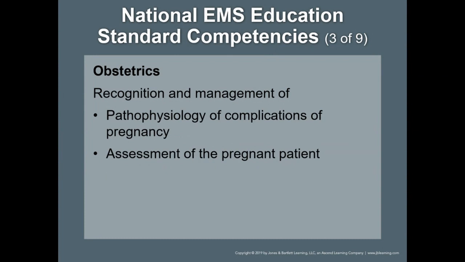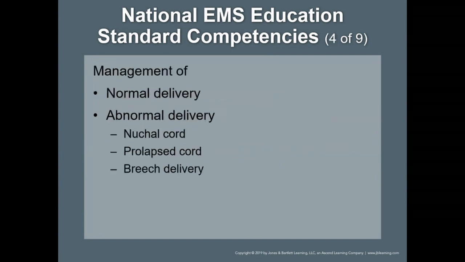So we're going to be looking at recognition and management of complications of pregnancy and how we need to assess these patients. Now, in the advanced EMT book, it's chapter 35. In the EMT book, I am not sure what chapter it is, so do not make me lie. 34. Okay. OB.